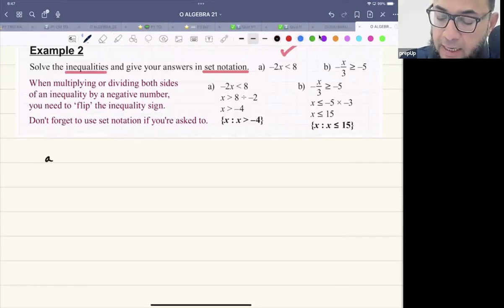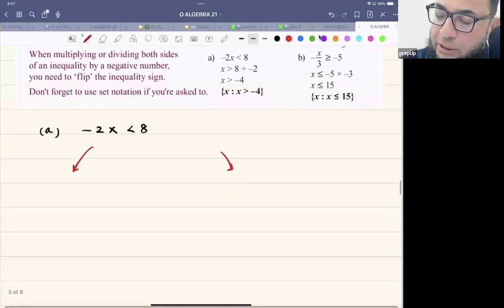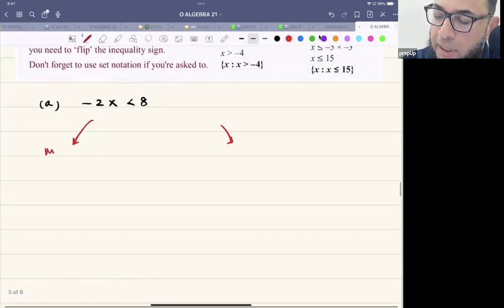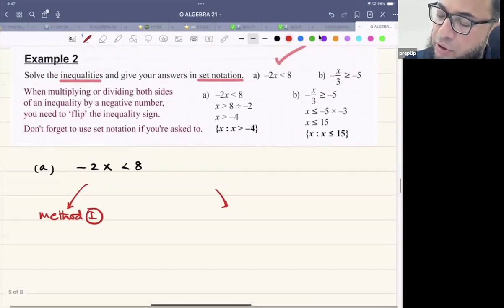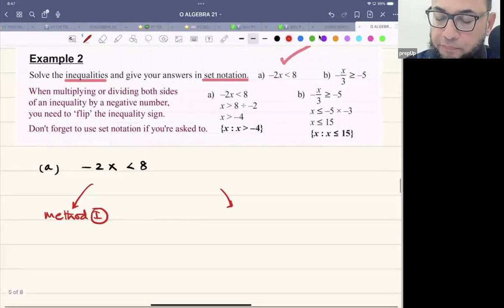Part A, negative 2x is lesser than 8. Another example, another way in which the coefficient of x is negative. Method 1, switch the places. We are not interested in set notation. That is not part of our syllabus. We are only interested in the number line, but I'm interested in the question. The question is good.